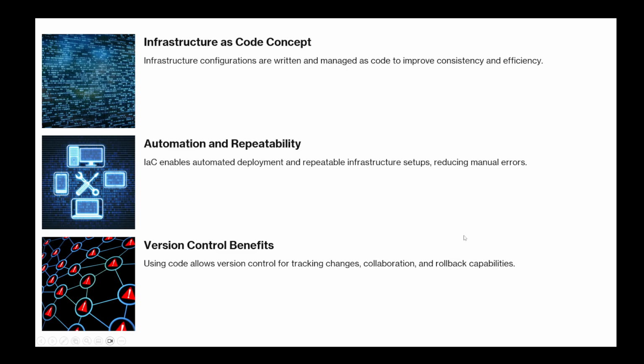Okay, as we know, with infrastructure as code, infrastructure configurations are written and managed as code to improve consistency and efficiency. When we do any configuration, update, or deployment manually, there is a huge chance of human error.